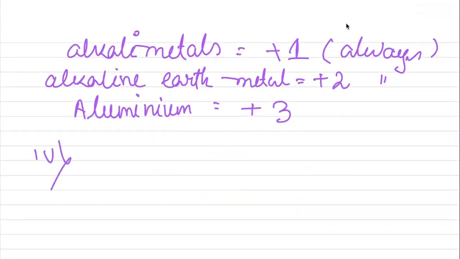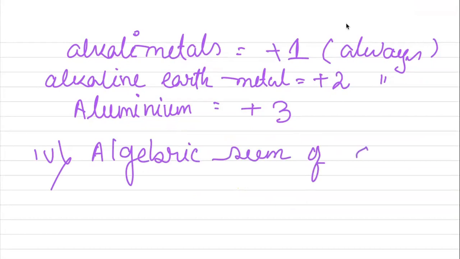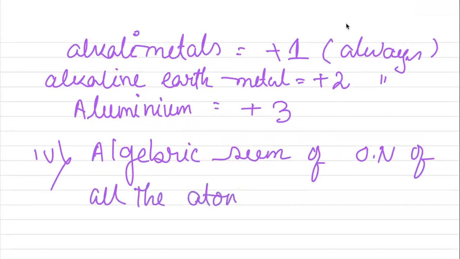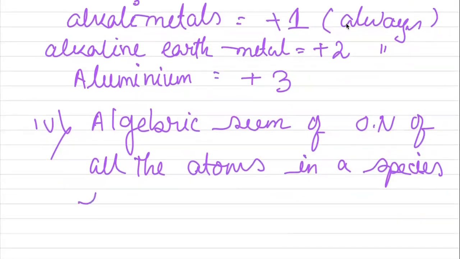Now next, the algebraic sum of the oxidation numbers of all the atoms in a species is equal to the charge on the species.